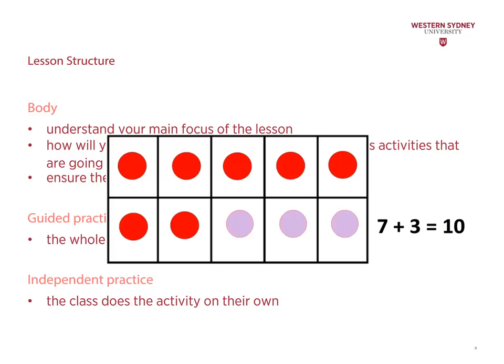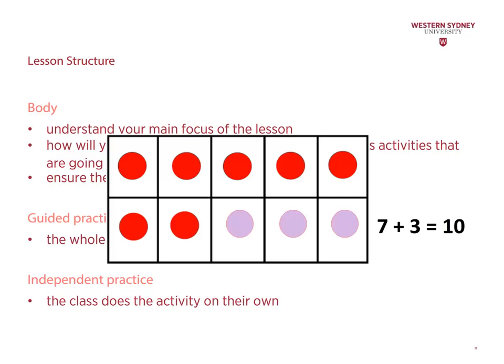How many more do I need to make 10? I would ask children to find the 10 frame with 7 dots in it and put their counters into the empty spaces. I would ask questions like, how many dots did we start with? How many counters did we add? What's our number sentence? How many do we have altogether?